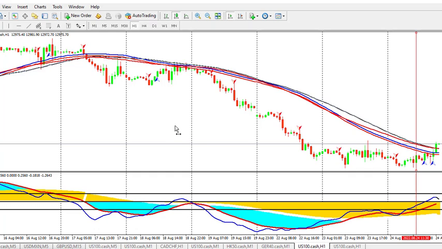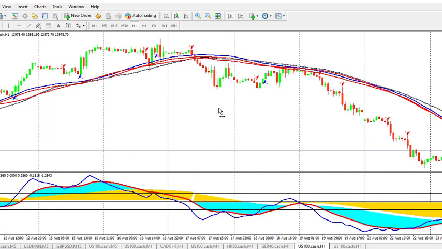This is the 1 hour time frame. You can use this strategy on any time frame you desire, but here it is on the 1 hour time frame. And how to use this strategy is this: rule number 1.